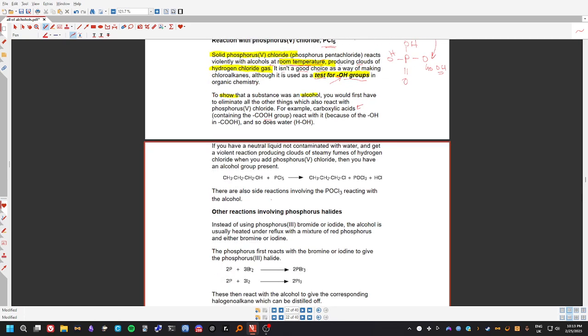If you have a neutral liquid not contaminated with water and get a violent reaction producing steamy fumes of hydrogen chloride when you add phosphorus V chloride, then you have an alcohol group present.